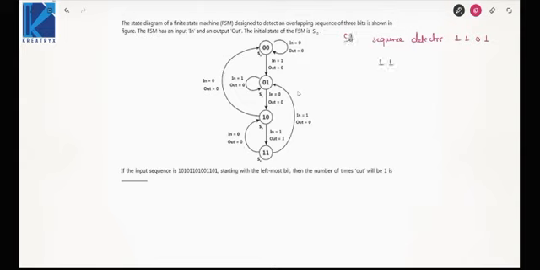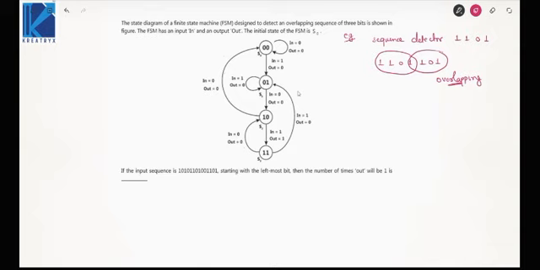Then if you see such kind of sequence, it will be counted as twice it is appearing. That means the digits of the first sequence can also be used as a digit of the second sequence, and that is the precise meaning of overlapping. So in this question, we have to first determine using the state diagram which sequence it is designed to detect.